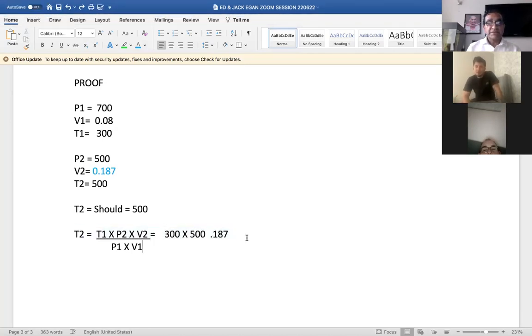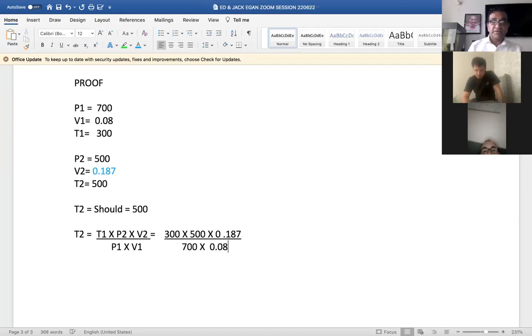So it's going to be times 0.187, and that's going to be over P1. Now P1 is 700, times V1. Now V1 is 0.08.